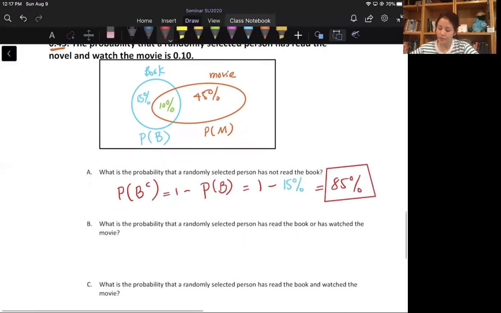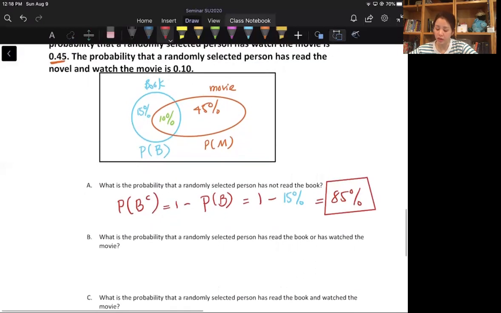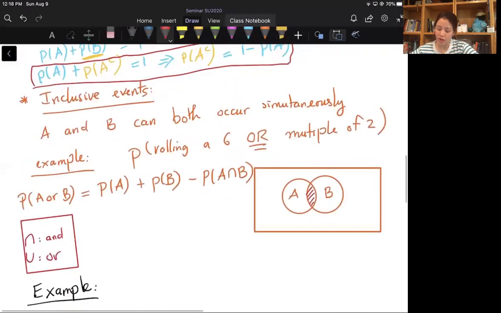Now the second question is, what is the probability that a randomly selected person has read the book or has watched the movie? So this is the or now, right? The addition rule right here.